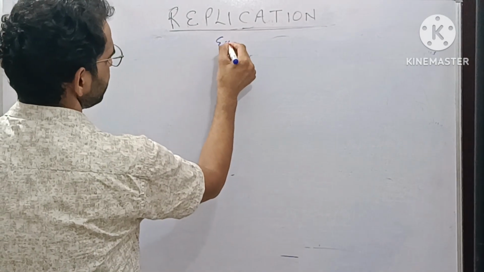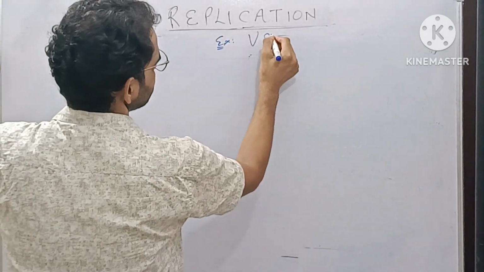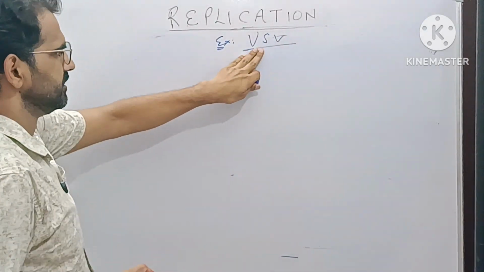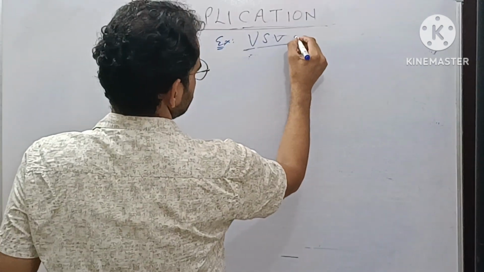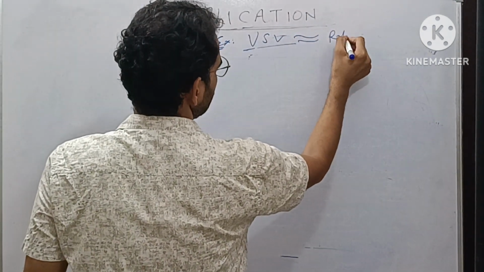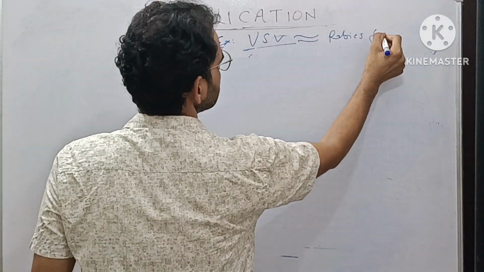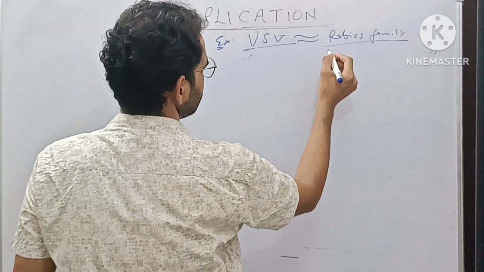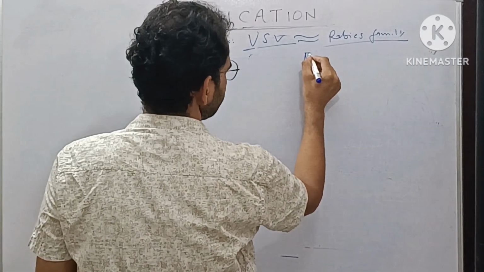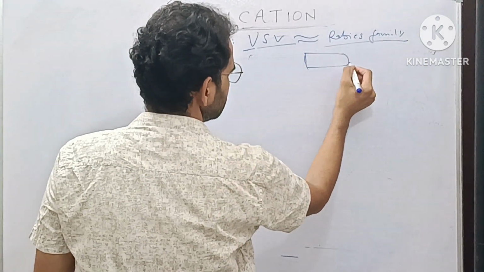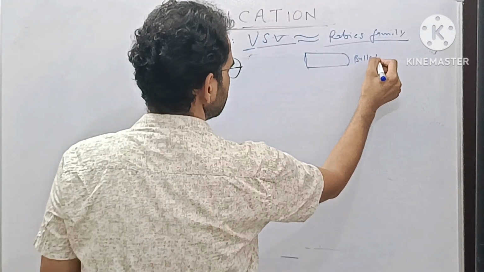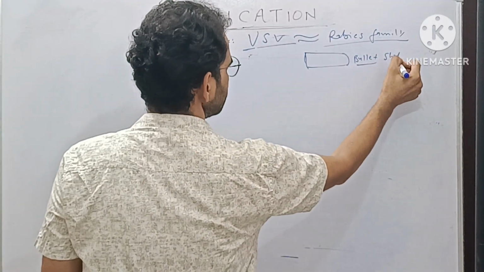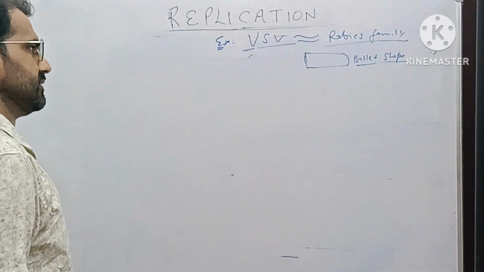We'll take one more example, VSV, vesicular stomatitis virus, which belongs to the rabies family, Rhabdoviridae. Rabies family means it has a bullet shape.